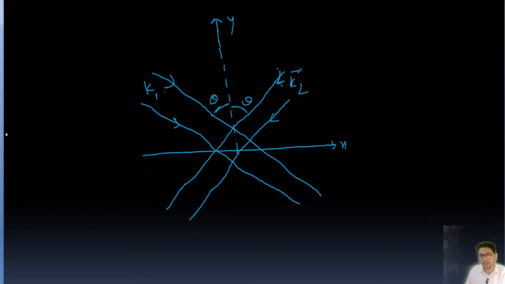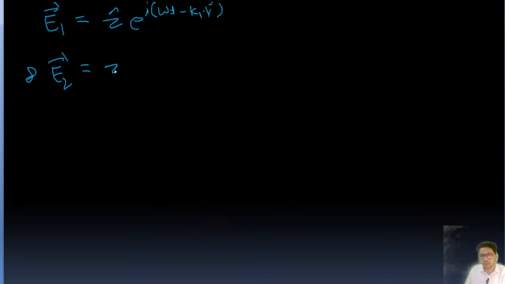And E2 vector for this k2 vector is z cap A e to the power iota omega t minus k2 dot r. The amplitudes are the same, right? These are the electric field vectors, the electromagnetic wave equations.